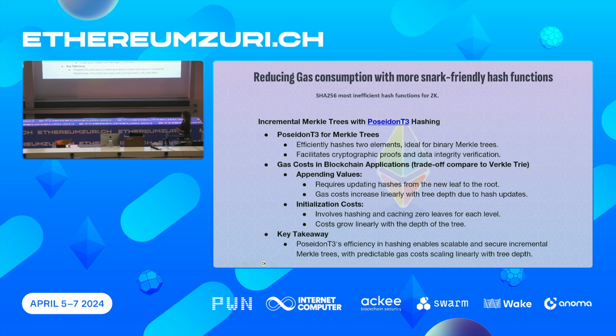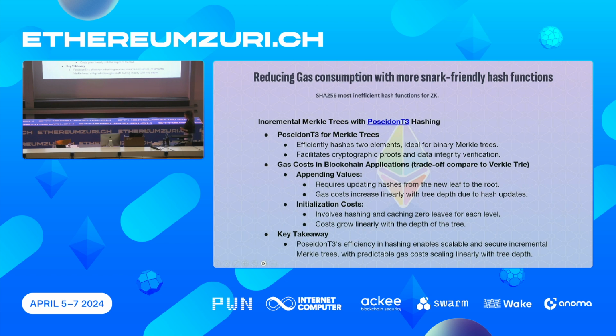It requires updating hashes from the new leaf to the root, and the gas cost increases linearly with the tree depth due to the hash updates. Again, it's not a better option than Verkle tries, but at least to compare. The initialization cost for this type of snark involves hashing and caching zero leaves for each level, and the cost, unfortunately, grows linearly with the depth of the tree.